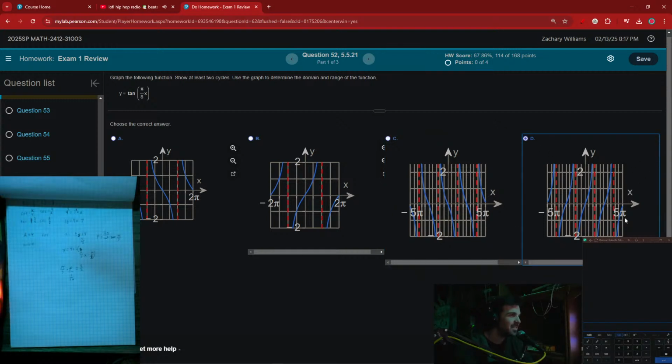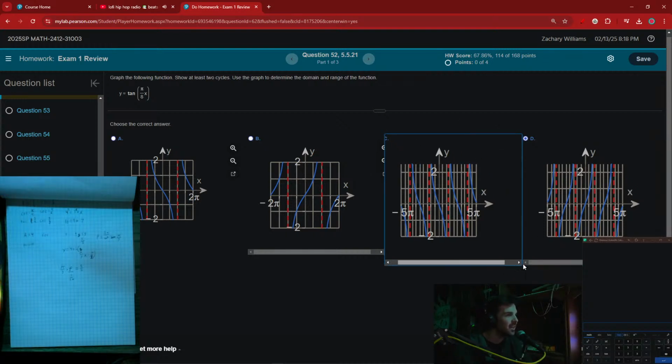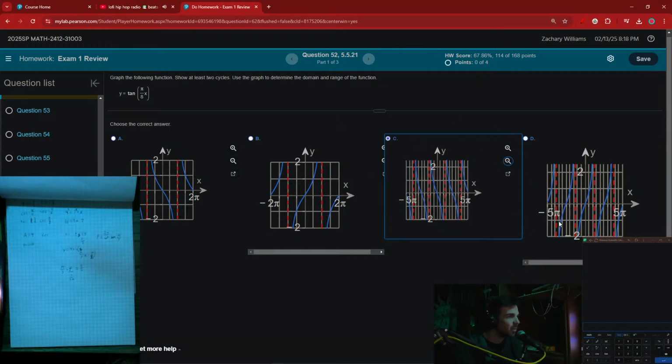I hate these graphs, dude, because it looks like they're redrawing the origin at 5 pi, right? And it's impossible to tell what this 5 pi is referencing. Is it this line? Is it this line? Is it this line? Who knows? It could cover any of these.